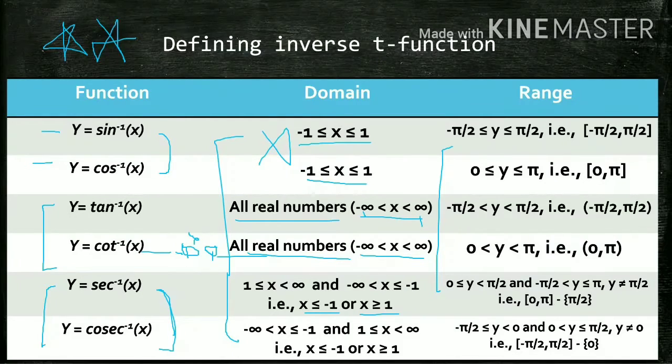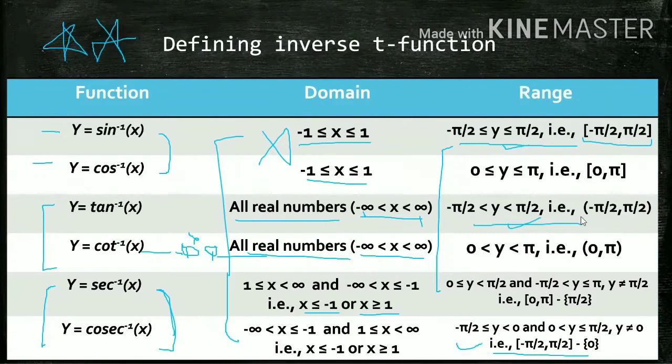This is also very easy. Just take these three things one by one, side by side: sine inverse, tan inverse, and cosec inverse. All three functions use a sine. Sine, tan, and cosec would have a similar kind of range. So sine would have the closed interval minus pi by 2 comma pi by 2.